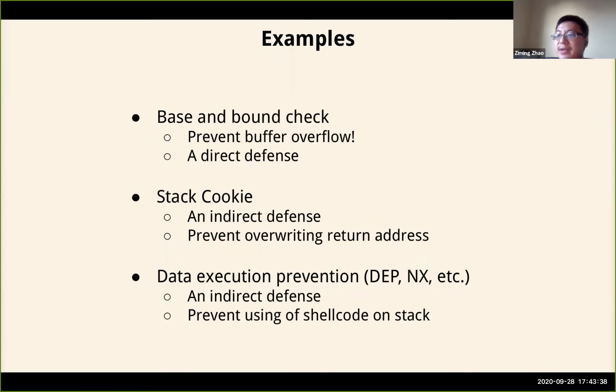For example, base and bound check, which is used in other high-level programming languages like Java and Python, is a direct approach. It basically prevents buffer overflow. When you use Java or Python, you don't think about buffer overflow. However, if you want to do that for C and C++, it's doable, but too expensive.